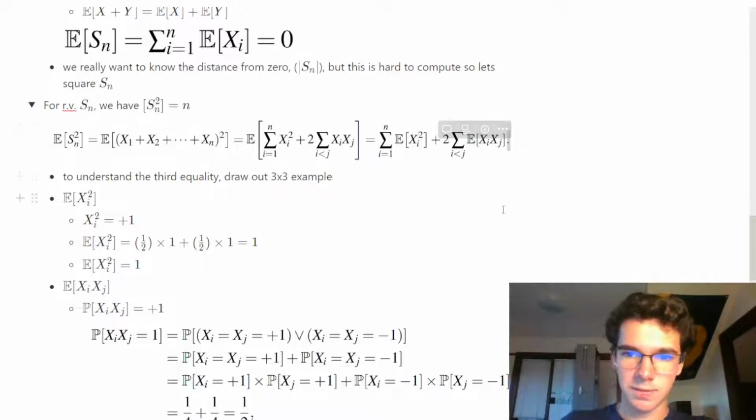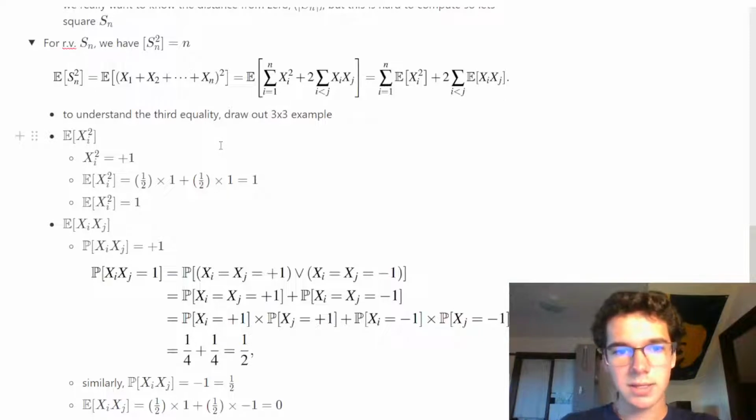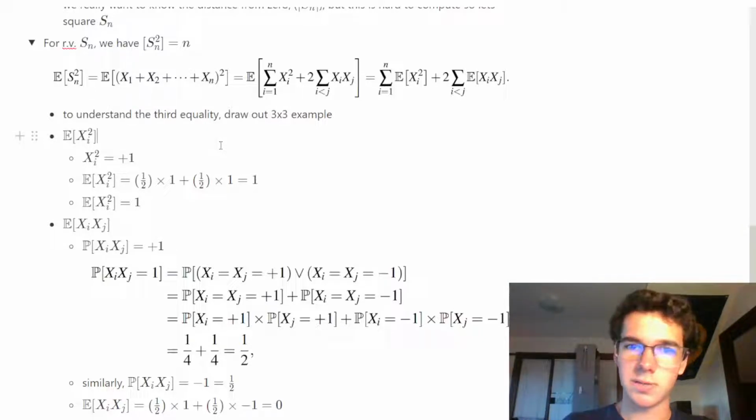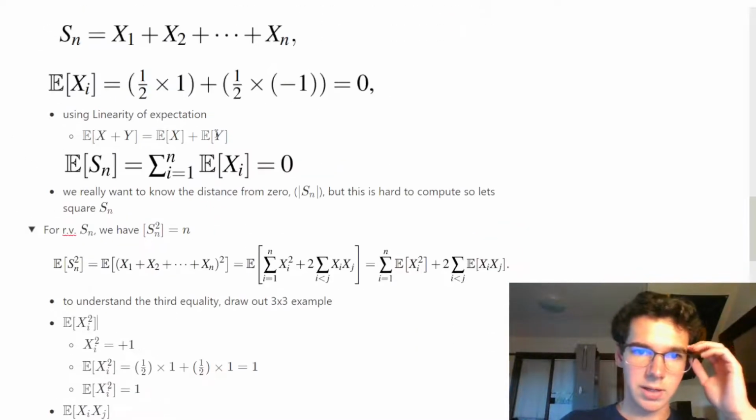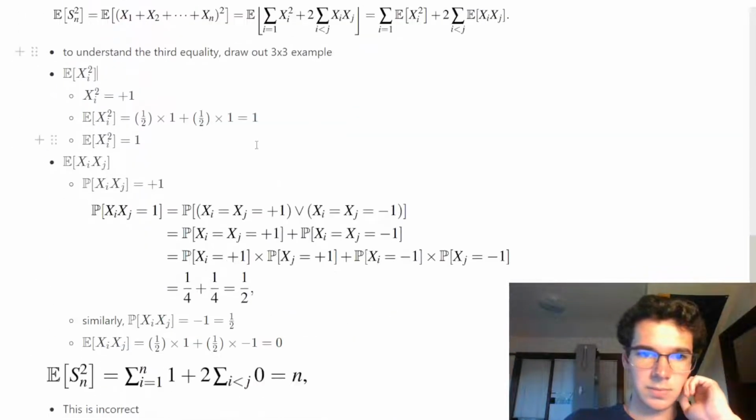So this equation takes this form. Now what we have to find is the expected value of X_i squared and X_i times X_j. Let's look at each of these separately. In our case, X_i squared will always be positive 1, because X_i can either be 1 or negative 1.